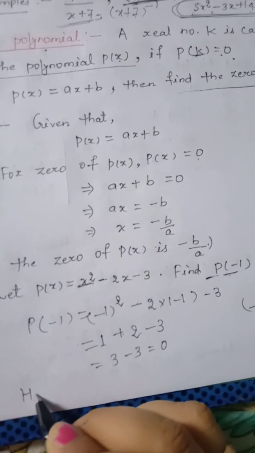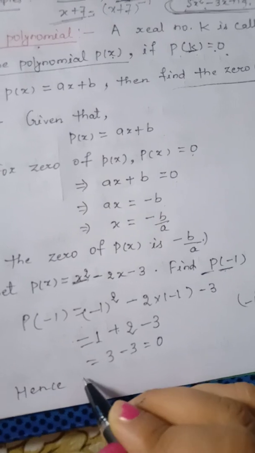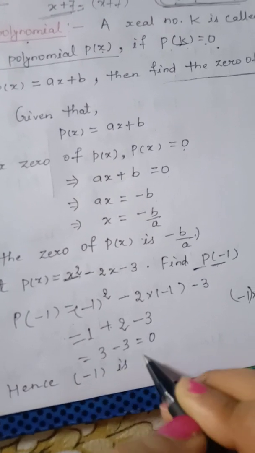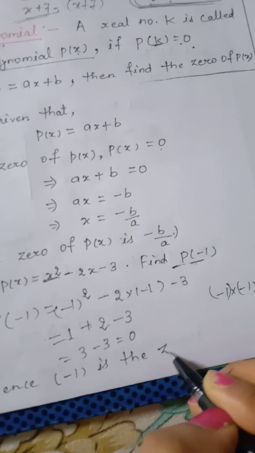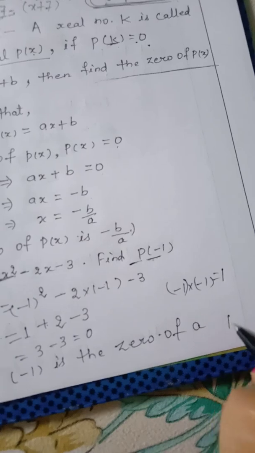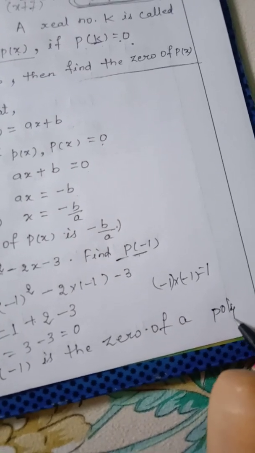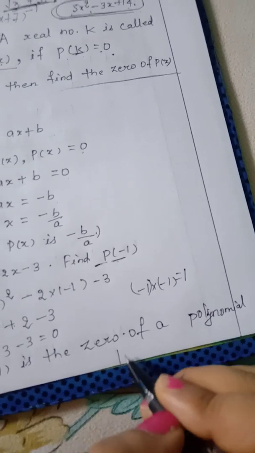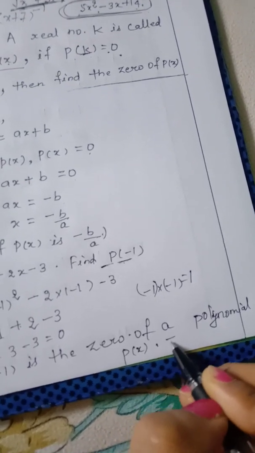Hence minus 1 is a zero of the polynomial p(x). Thank you.